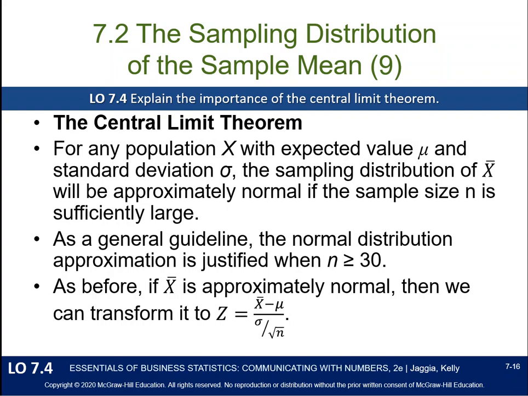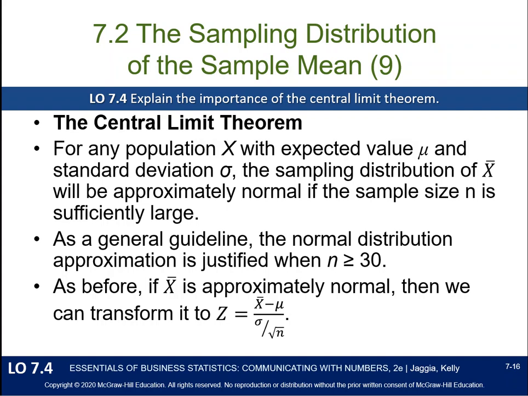What the central limit theorem tells us is that for any population, even if the population itself is not normally distributed, if the sample size is sufficiently large, which as a general guideline means more than 30, but certainly that's not a hard and fast rule, then we can take all of our samples, our sample means, and the distribution of those sample means will be normally distributed, which means it falls under that bell curve.